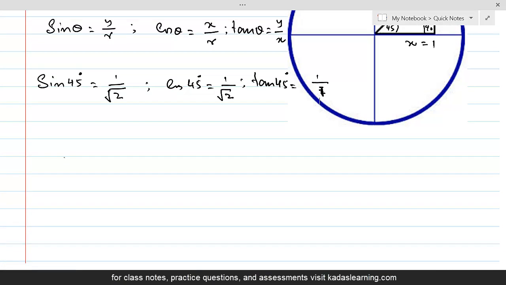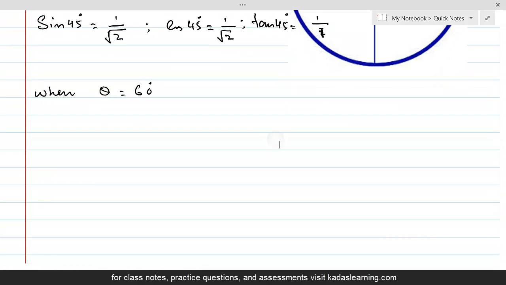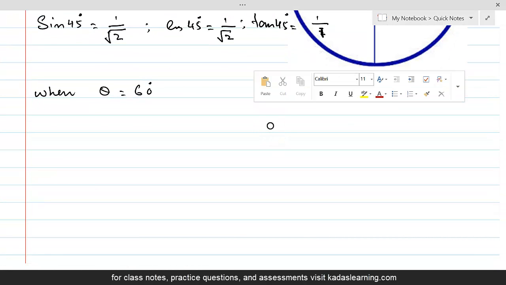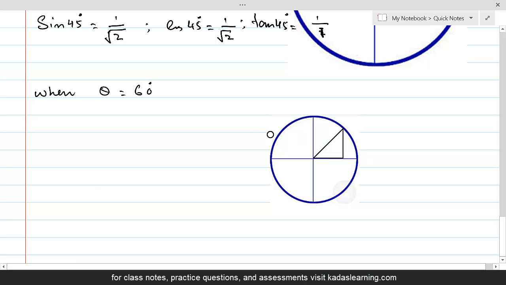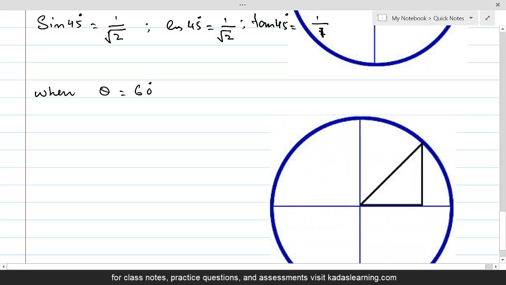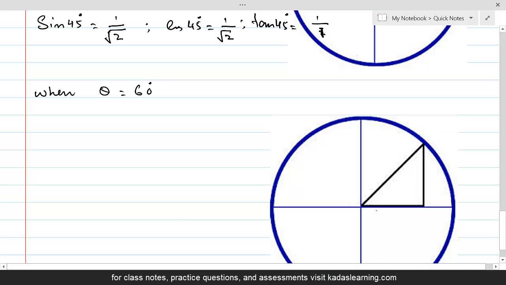And now when theta is equal to 60 degree, again we have the same. Let's bring another triangle here, and this time this central angle is 60 degree. This is 60 degree and this is 30 degree. And this is of course 90 degree.